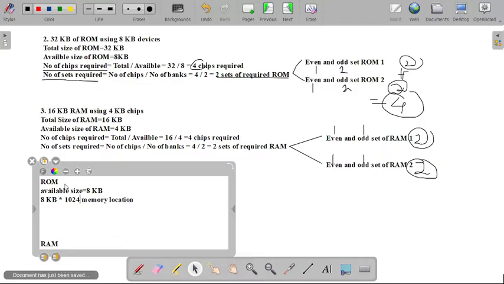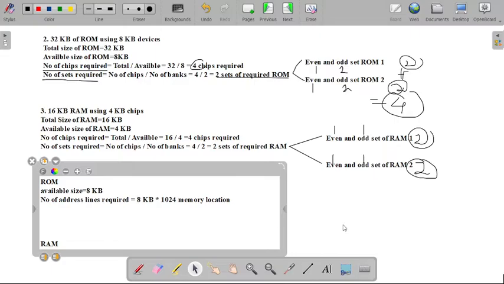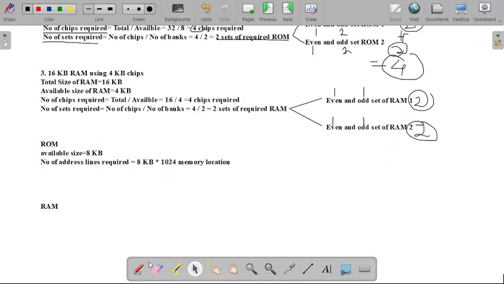So I am writing here that the number of address lines required is equal to 8 KB into 1024 memory locations. So, 8 is equal to 2 raised to 3 and 1024 is equal to 2 raised to 10.